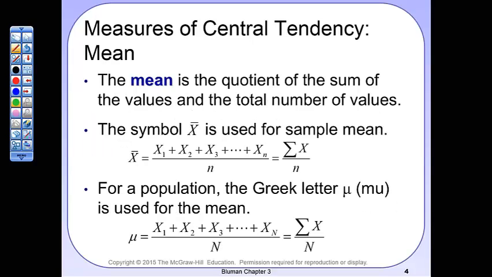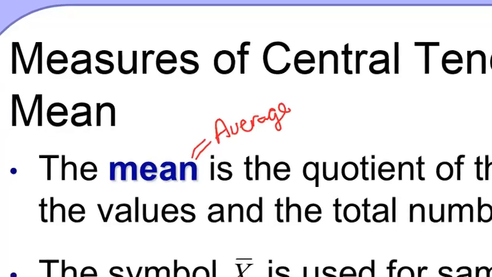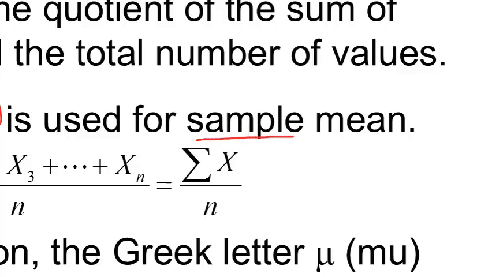Now then, the first measure of central tendency that we look at is the mean, what we normally refer to as the average. It is all of our numbers added up and divided by how many there are. Now if you notice, the symbol X bar, an X with a bar over it, that is pronounced X bar, is used for the sample mean.